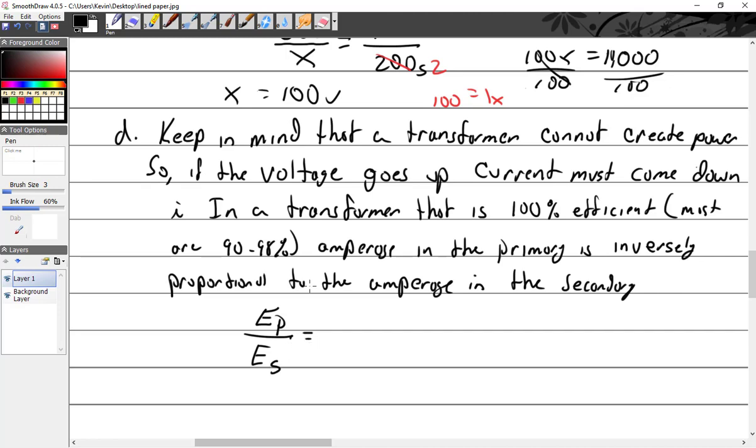Before I write this, we were talking about inversely proportional. Do you remember where else we ran into an inverse proportional problem? Capacitor reactance. Gear ratios. So what did you have to do? Flip it. So this is going to be the secondary, and this is going to be the primary. So that's IS over IP.